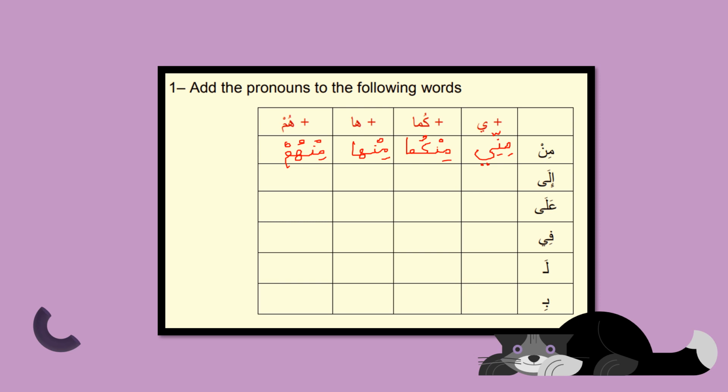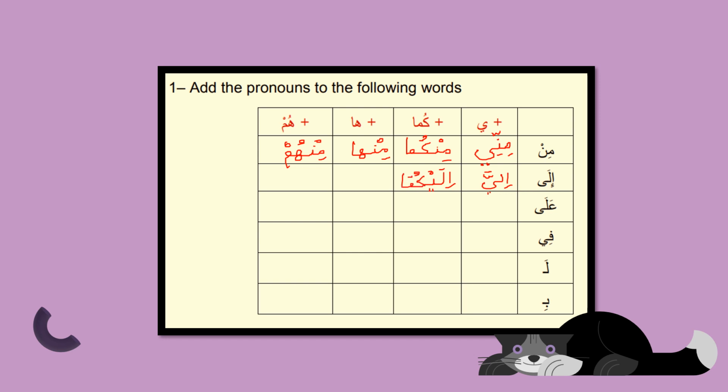Then ila plus ya. Remember, the alif maqsura changes to ya, so it is ilayya, ya with shadda and fatha. And with kuma, the alif maqsura changes to ya: ilaykuma.